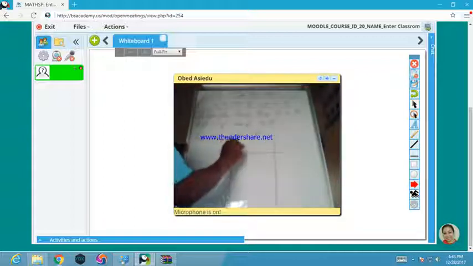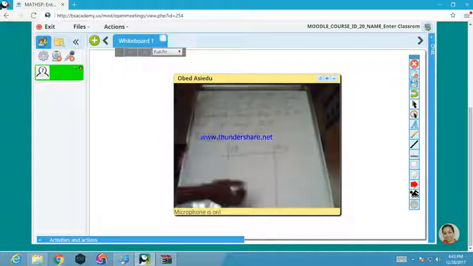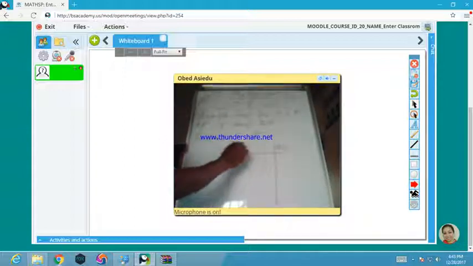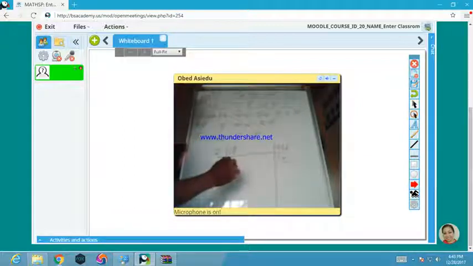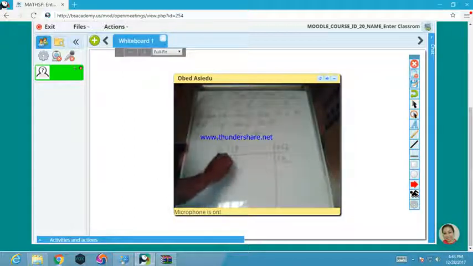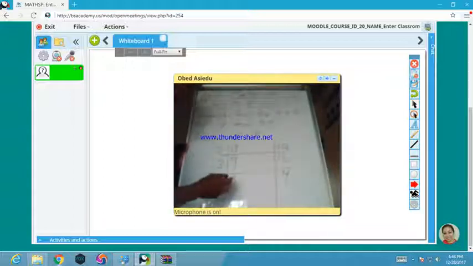We have 18 and 24. 2 can divide both of them. 2 into 18 gives 9, and 2 into 24 gives 12. Now look for a number that can divide both again. 3 divided into 9 gives 3, and 3 into 12 gives 4. Now no common number can divide them.